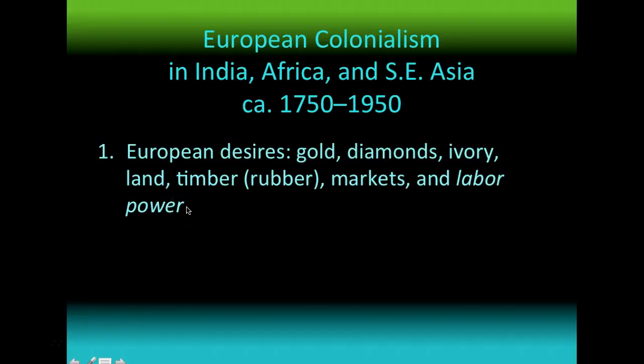So European colonial powers take raw materials from colonies in places like India, Africa, and in Southeast Asia, and they produce them into manufactured items in Europe with their machines, namely, and then they send them back to the markets in Africa, Asia, and in Southeast Asia to sell, and they sell these goods, these finished products, for a very high rate. And of course, they also want labor power to work in those fields, in those plantations, and in the mines.